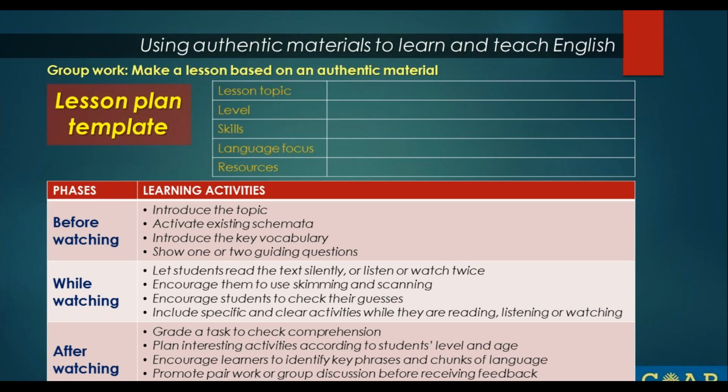And in the after watching phase, we can grade a task to check comprehension, plan interesting activities according to the students' level and age, encourage learners to identify key phrases and chunks of language, promote pair work or group discussion before receiving feedback, and build an excellent rapport with the students. Okay, so you can use this as a template for planning your lesson.